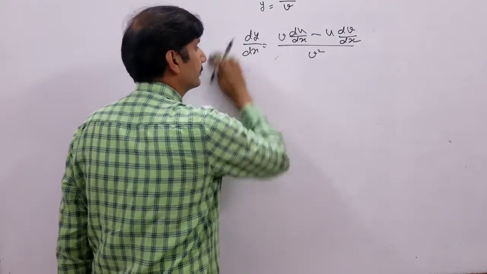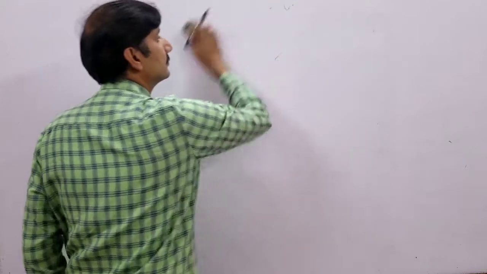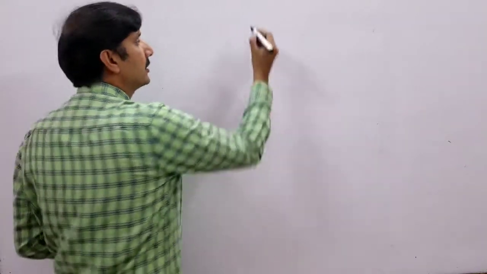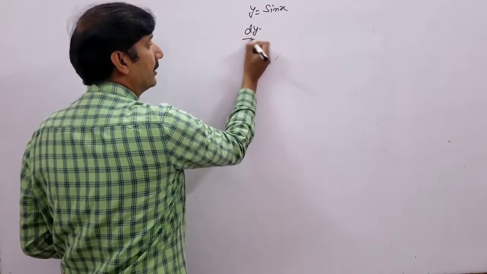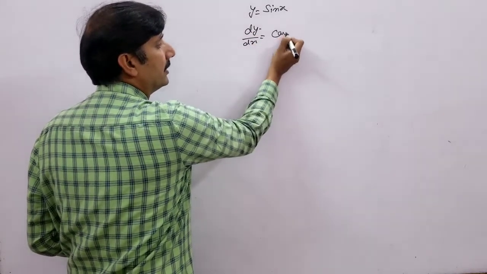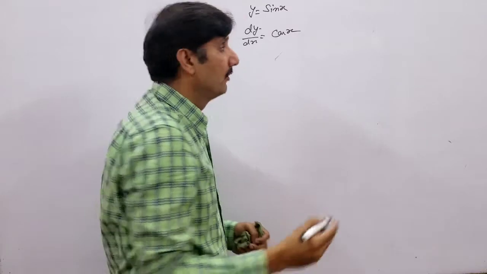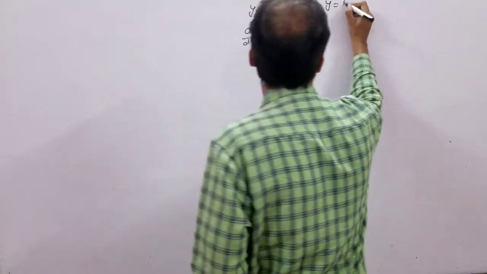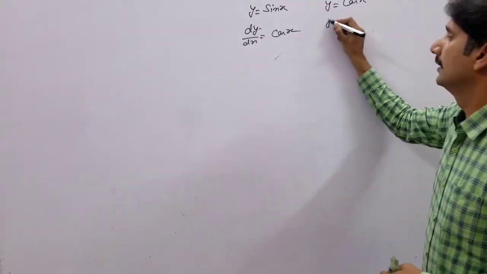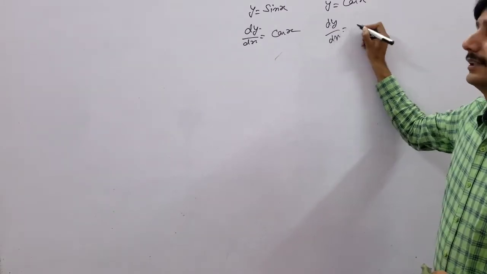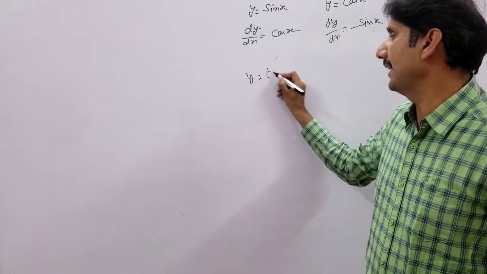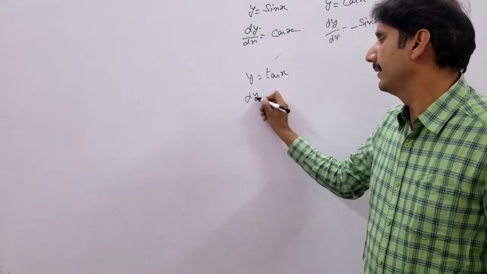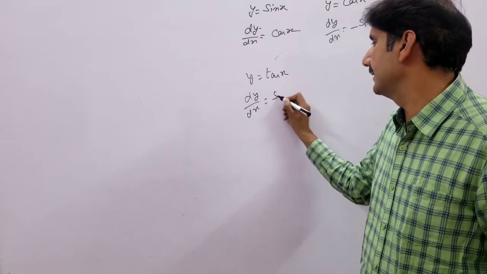Like for sin x, differentiation is cos x. For cos x, differentiation is minus sin x. For tangent x, differentiation is secant square x.